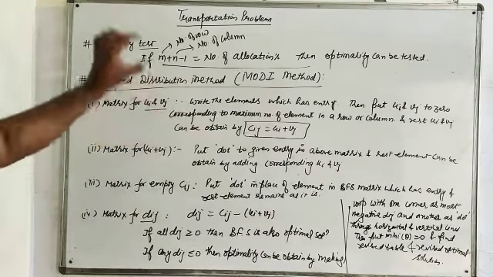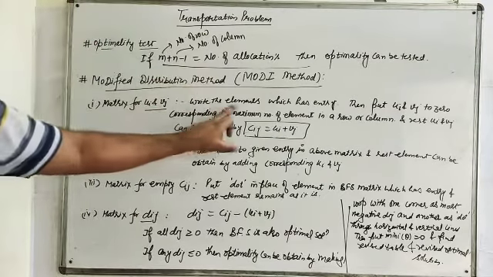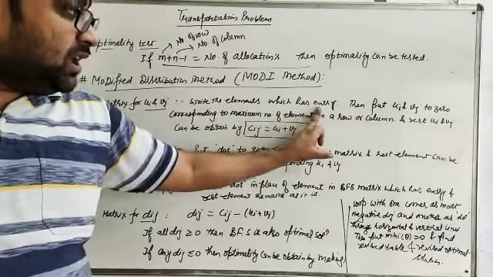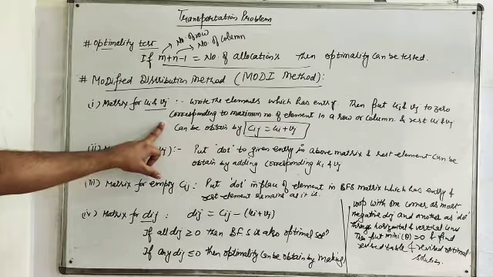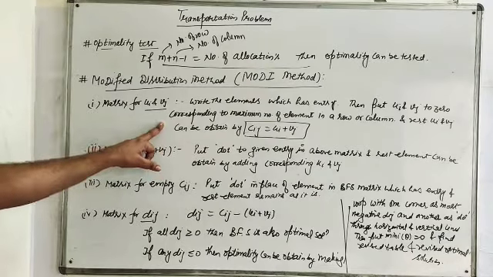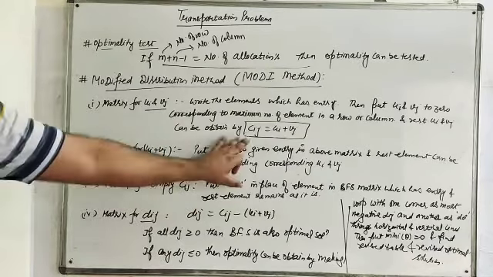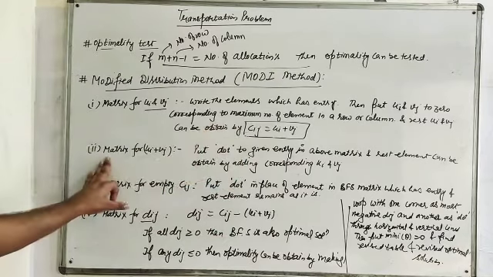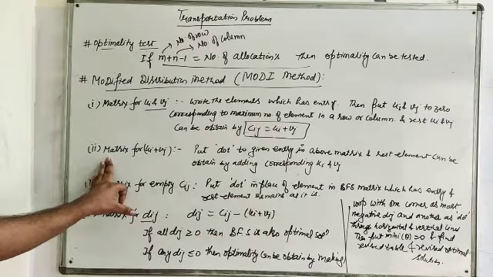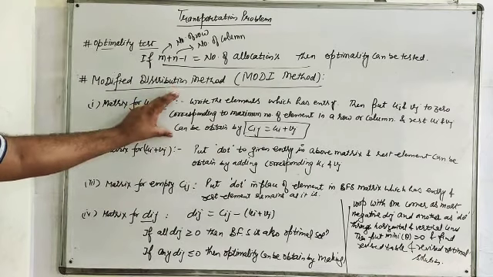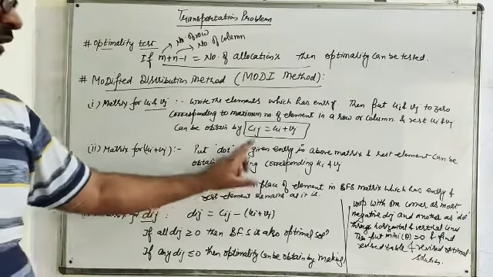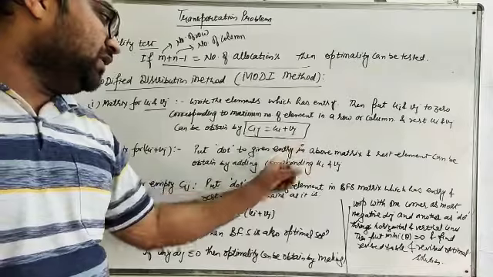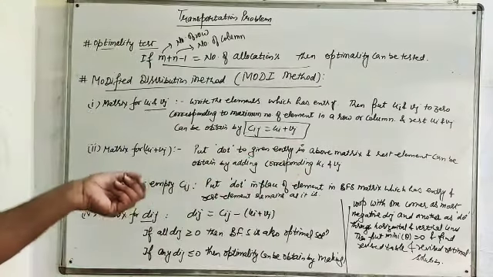Then for this, in the last matrix, we have to write the element which has an entry, and then put ui or vj to 0 corresponding to the maximum number of elements, and the rest can be found by this particular formula. Next step, matrix for ui plus vj. In this particular matrix, where an element arises, put a dot, and the rest will be found by the formula Cij is equal to ui plus vj, that is adding the corresponding ui and vj.